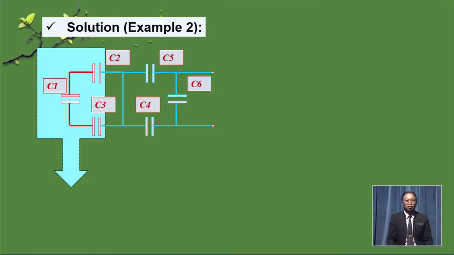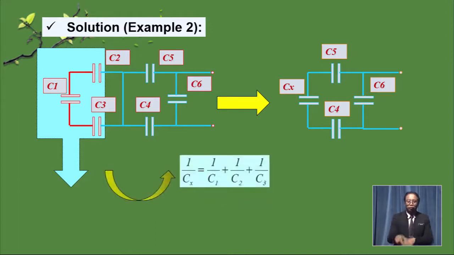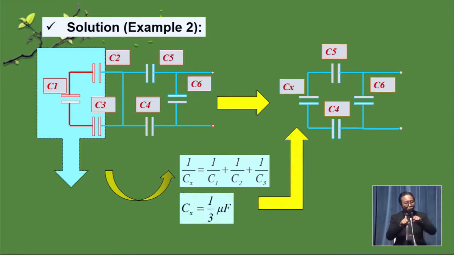Since capacitors C1, C2, and C3 are connected in series, we will use 1 over Cx equals 1 over C1 plus 1 over C2 plus 1 over C3. Hence, Cx equals 1 over 3 microfarad.